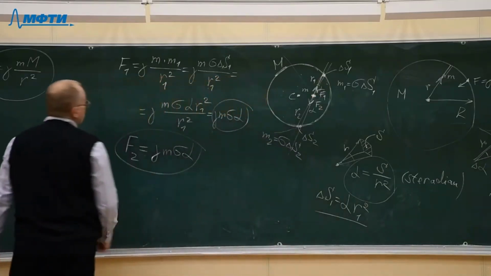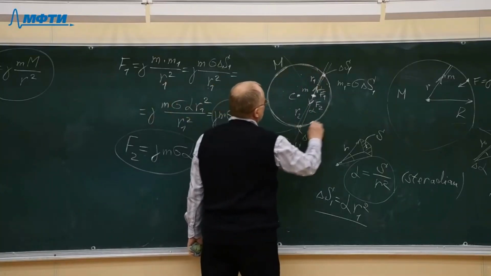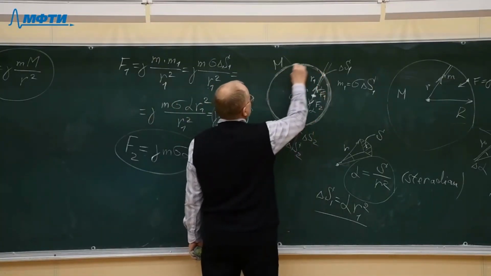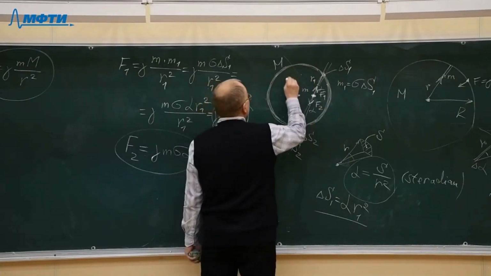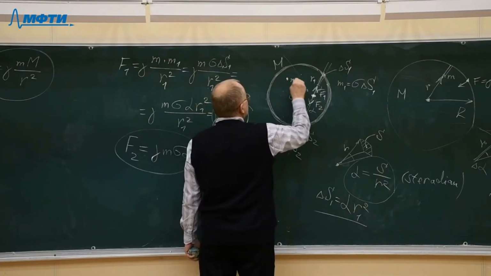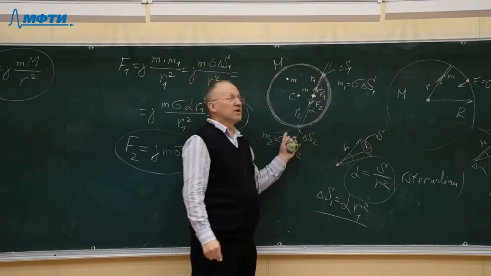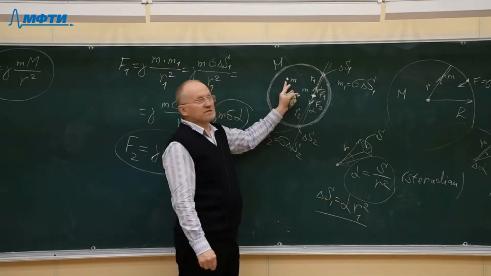If we take the hollow sphere, empty inside, all the mass of this sphere is spread along the surface of the sphere, then any small mass inside it will experience no gravitational attraction to this sphere at whatever point inside it is located.